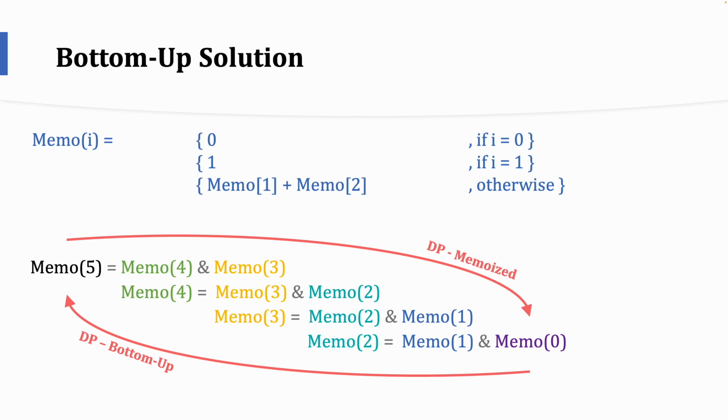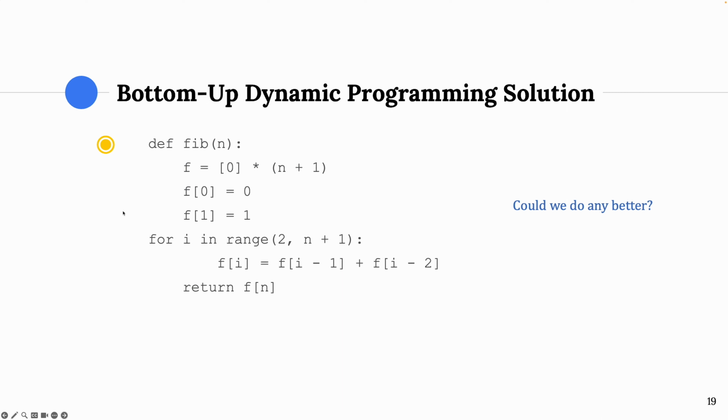So we just magically know we're going to start all the way from memo 0 and go up, and we know that for whatever n we are trying to solve this problem for, we need the previous n's. So instead of starting from n and going down, we start from 0 and go up. And by that intelligent reordering, we're going to get a very interesting solution.